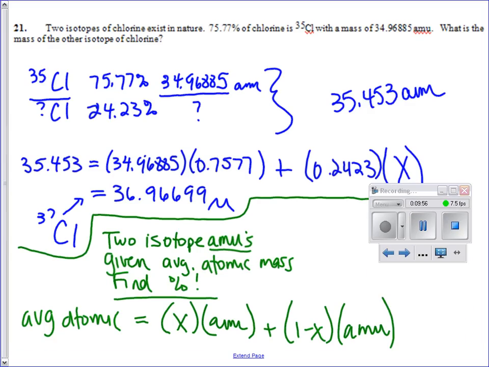And again, you're going to have to do your homework to experience these problems. I think one in your homework is actually 3 isotopes, but they give you one of them. So with that information, you can do the same thing.